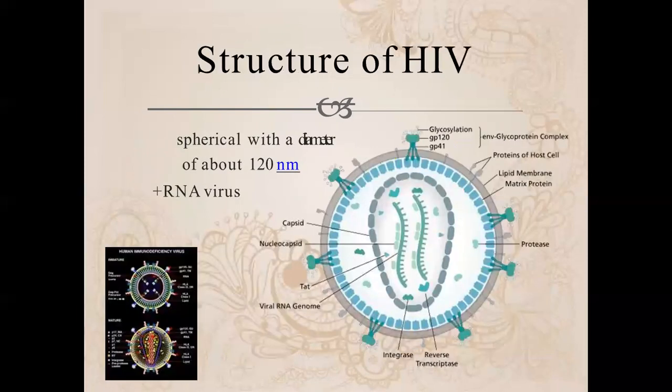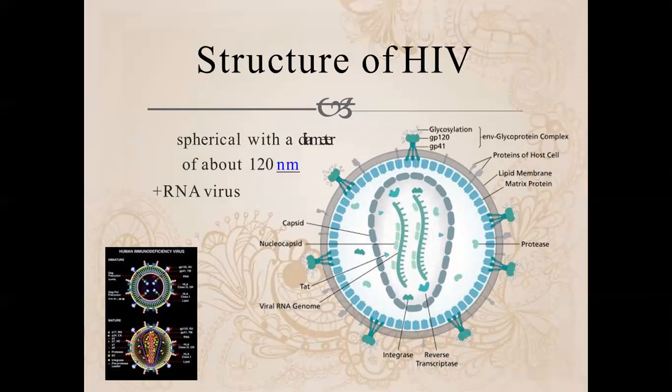Then the structure of HIV. It is spherical in shape with a diameter of 120 nm, and it is a plus-strand RNA virus. This virus has an envelope, which is called the glycoprotein complex.